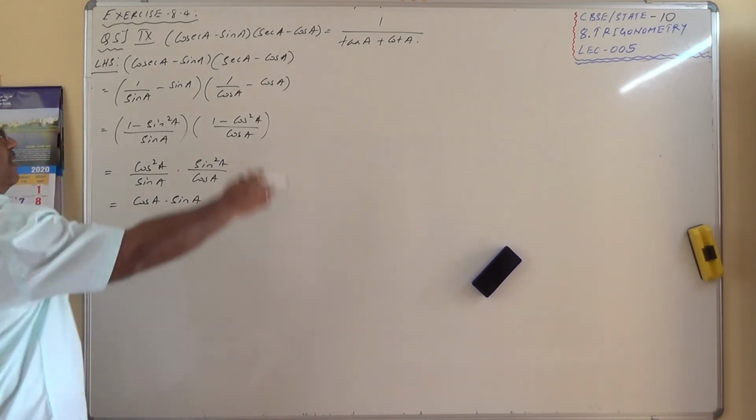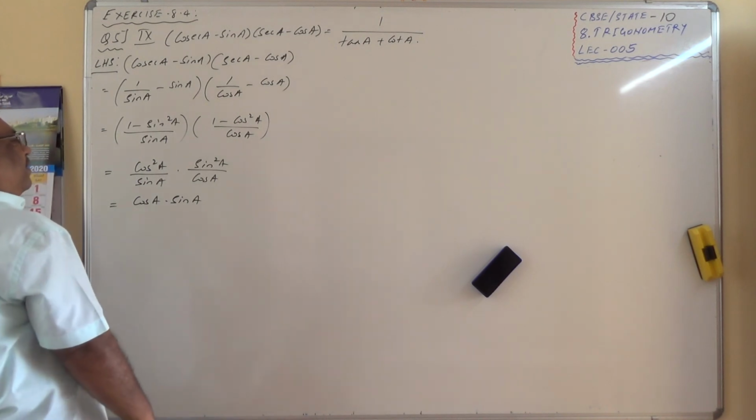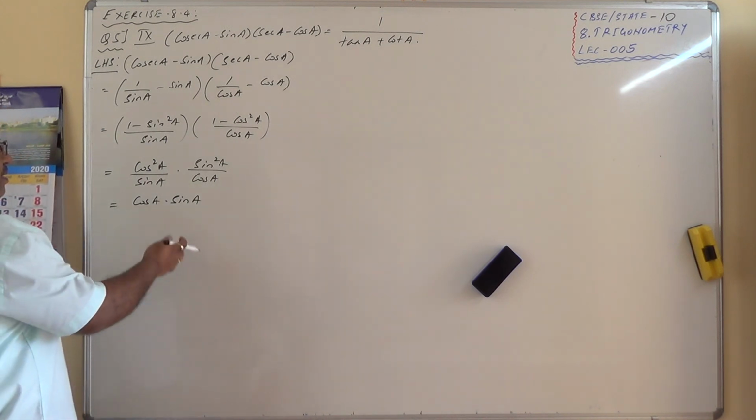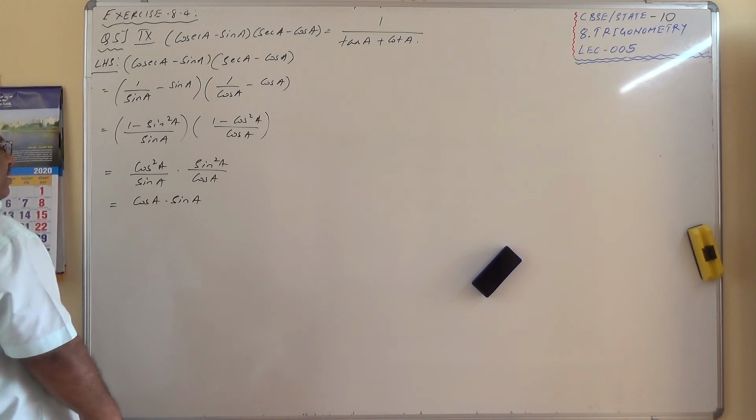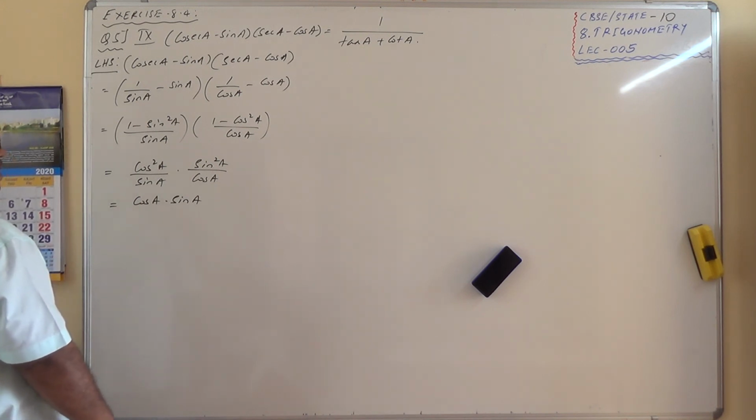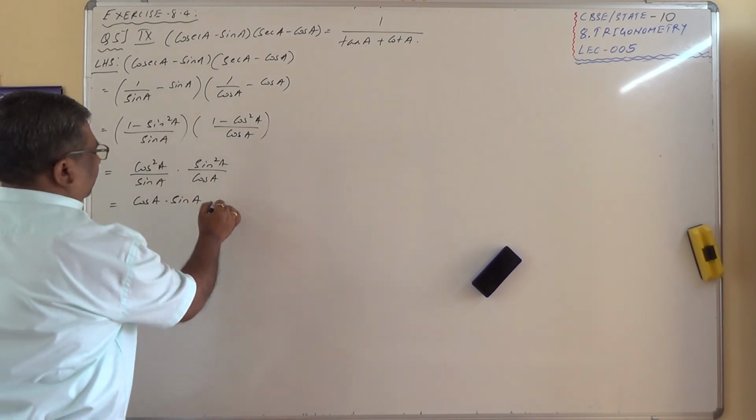So is it possible to convert directly by tan A plus cot A here? I do not know. Maybe cot. No, keep it as 1.